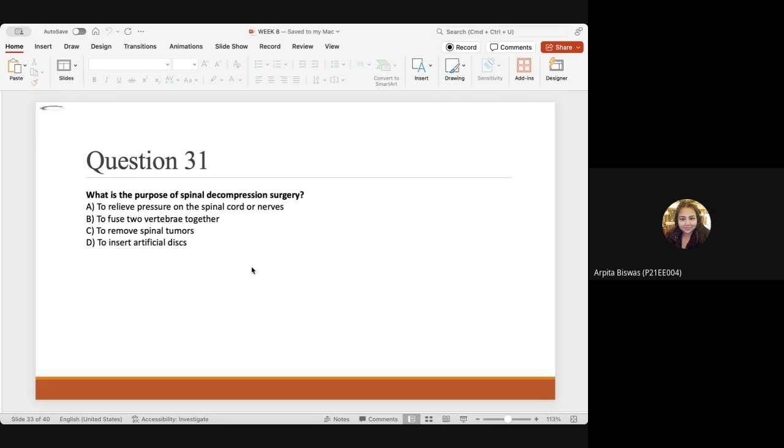So question number 31, the right answer is option A, to relieve pressure on the spinal cord or nerves.